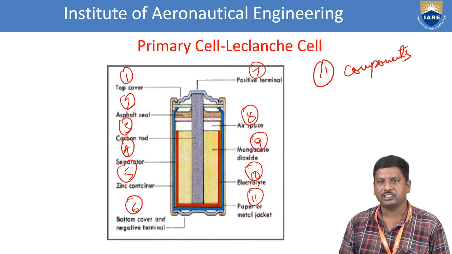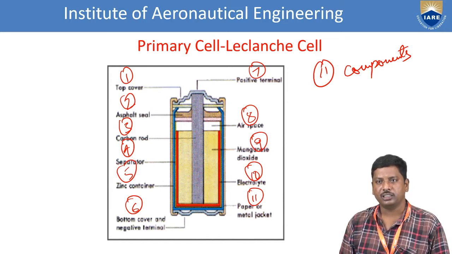The carbon rod is placed at the center as a graphite rod, and the separator avoids the connection of the positive and negative terminals. The zinc container holds the zinc sulfate solution, and the airspace is also required to avoid exposure to the outside. Manganese dioxide is present at the bottom and center of the cell, the electrolyte solution is where the electrochemical reactions occur, and finally there is the paper or metal jacket on the side. So these are the 11 components of the primary cell involved in the Leclanche cell.